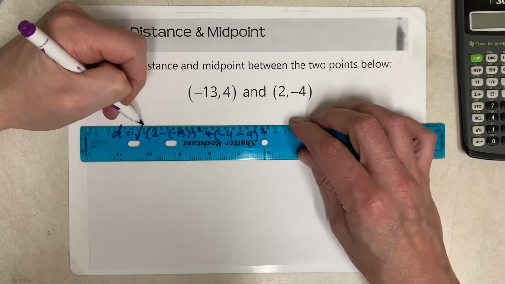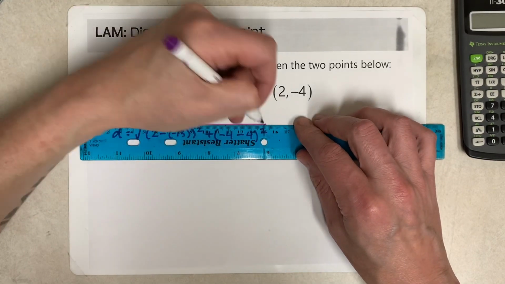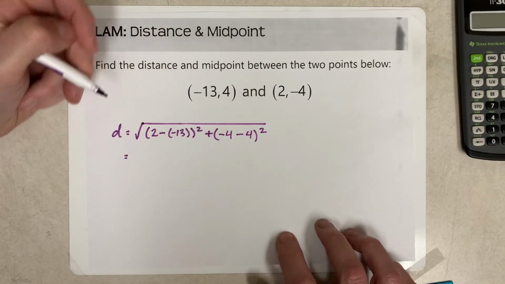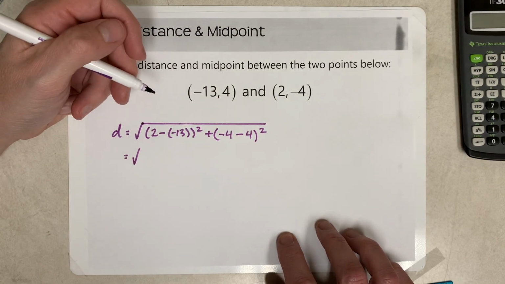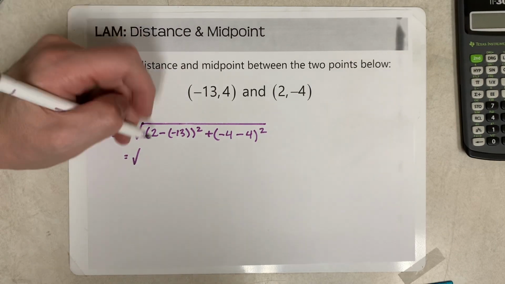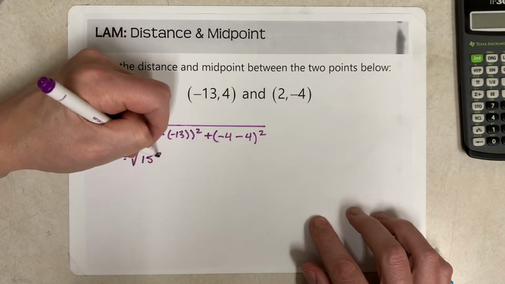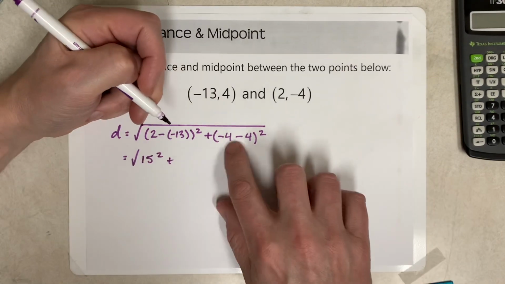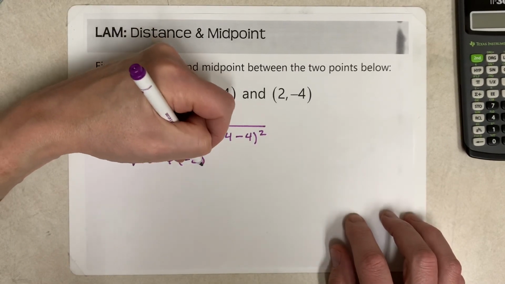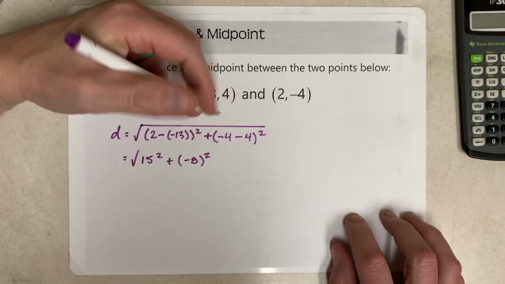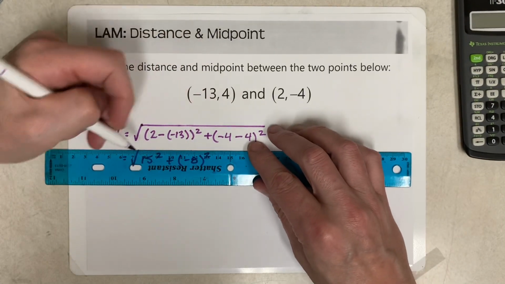I know these look really challenging, but they usually just turn out to be something that's pretty easy. 2 take away negative 13 is really 2 plus 13, right? And so 2 plus 13 would be 15. Plus negative 4 and another negative 4 actually make negative 8. And I'm going to keep the parentheses there because it's negative. The 15 wasn't.